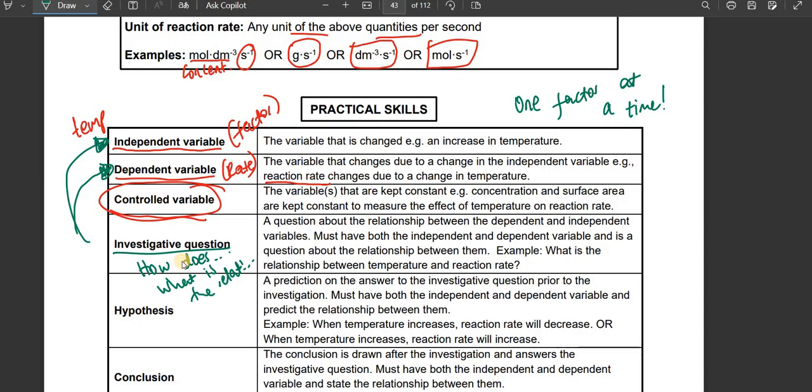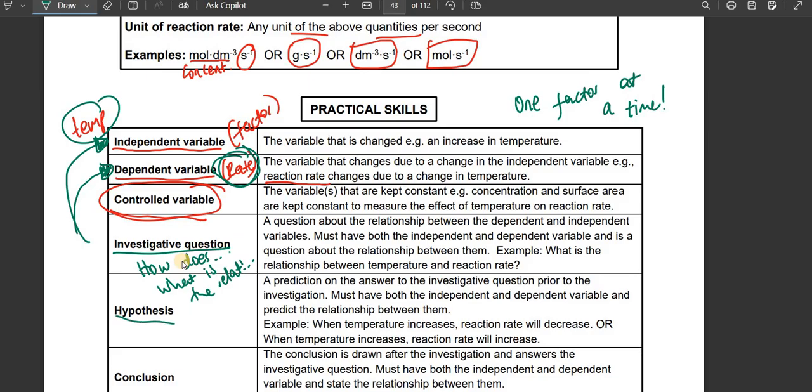I will say, how does temperature affect the rate of a reaction? How does surface area affect the rate of a reaction? How does concentration affect the rate of a reaction? How does the nature of a reactant affect the rate of a reaction? You feel me? Or you can say, what is the relationship between temperature and the rate of a reaction? What is the relationship between concentration and the rate of a reaction? What is the relationship between number of moles and the rate of a reaction? As long as you are mentioning the independent variable and the dependent, that's where you'll get your 2 marks.